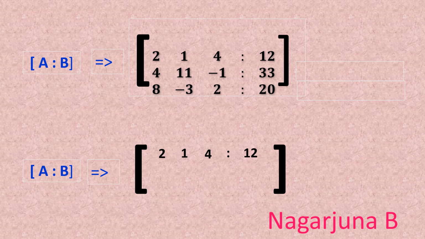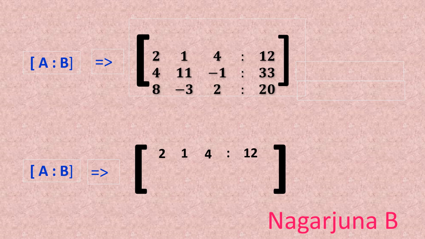Now we need to make A21 as 0. A21 here is nothing but the first element of the second row and it is 4. The 4 has to be made 0. How can we make it 0? By subtracting 4. The first element of R1 is 2. So 4 minus 2 will be just 2, but we want 4. That means if that 2 is multiplied by 2, it will become 4.